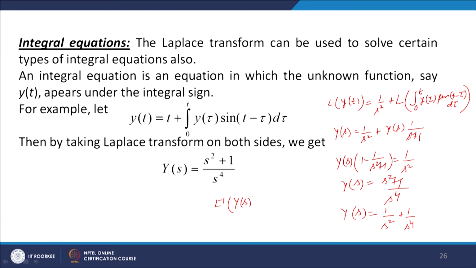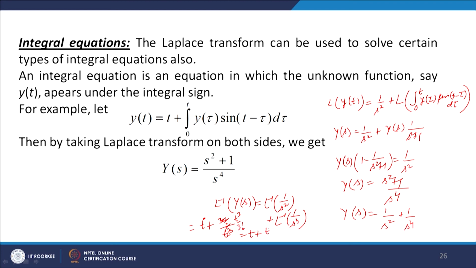Inverse Laplace transform of Y(s), let us take. So, this is equal to inverse Laplace transform of 1 by s square plus inverse Laplace transform of 1 by s to the power 4. Inverse Laplace transform of 1 by s square is t, plus inverse Laplace transform of 1 by s to the power 4 is t cube upon 3 factorial.